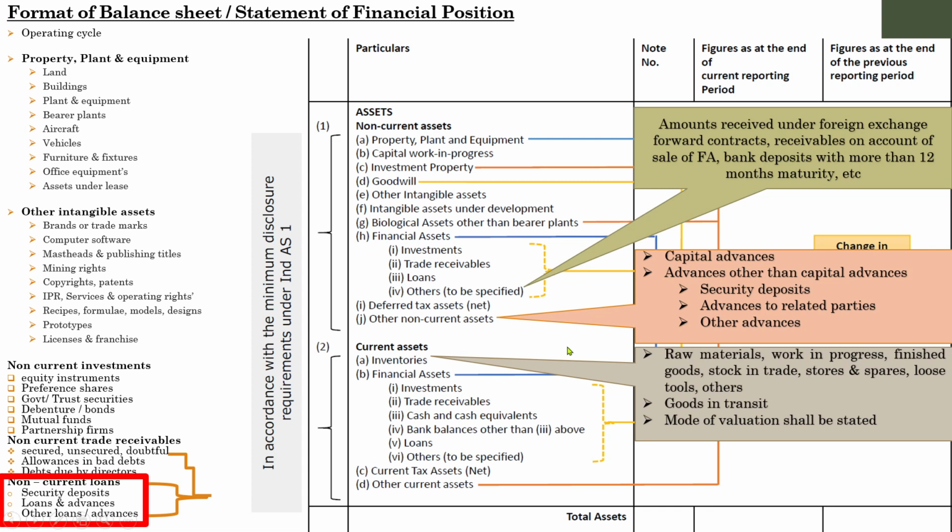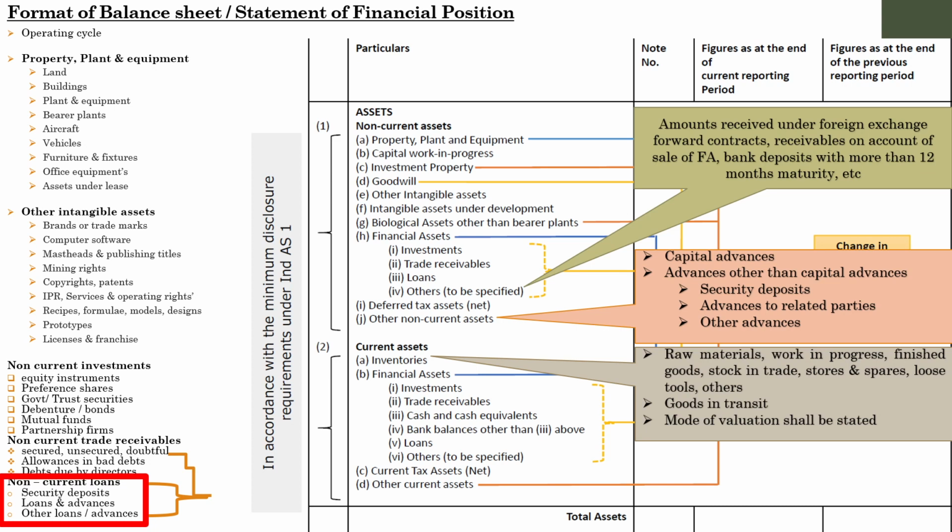Next one, financial assets. Under financial assets, all these items are current items. First one, investments. Under investment, otherwise known as current investments, there are no other peculiar items that have to be considered.